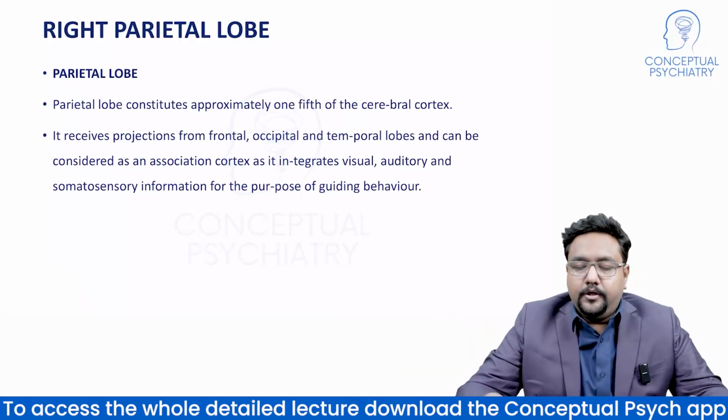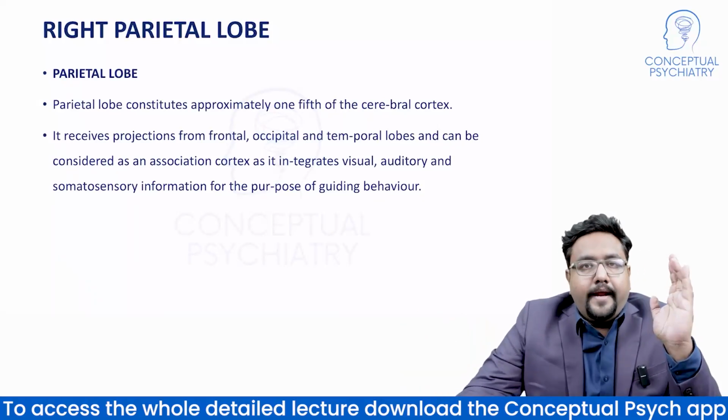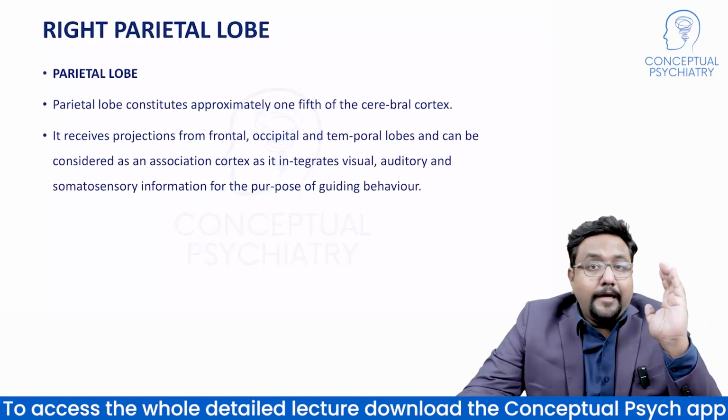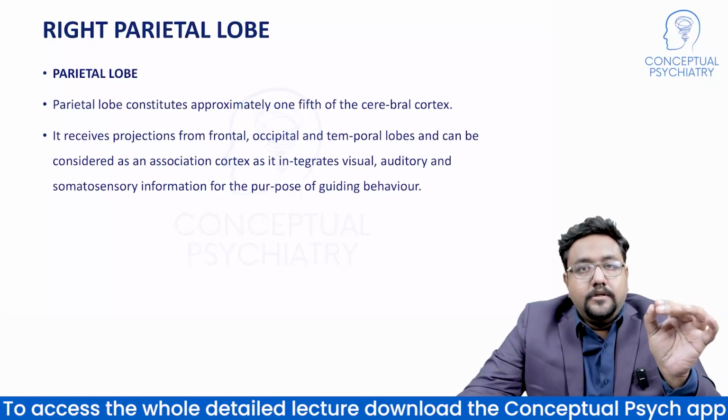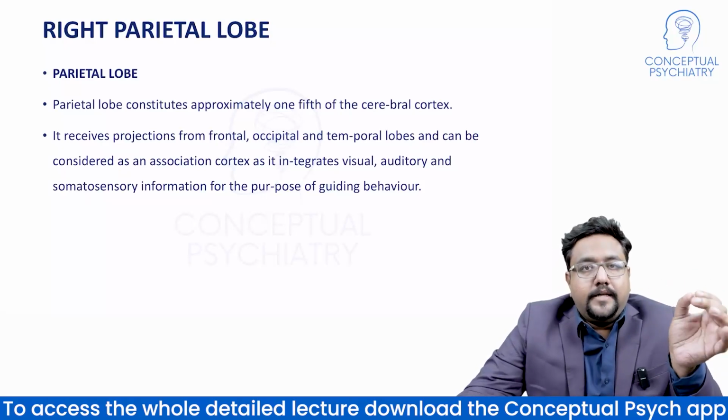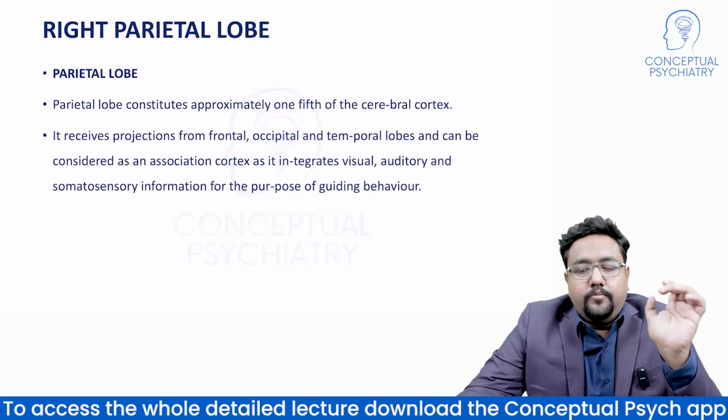Now, coming to the topic for today, it is the parietal lobe, the right parietal lobe. What are the functions of the right parietal lobe? Mainly we will focus on what happens when there is damage to the right parietal lobe, and what are the tests to determine the damage that has happened to the right parietal lobe.